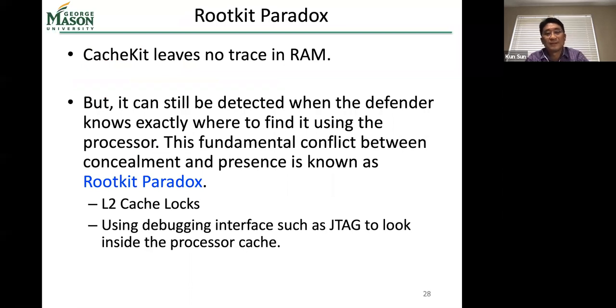Something about this work: we submitted this paper multiple times to top-4 conferences, and many times reviewers asked one question. You can develop a nice technique to hide, but it's easy to detect because you need cache locking and you need to modify the system. If we know you make those modifications, we can easily catch your CacheKit rootkit.